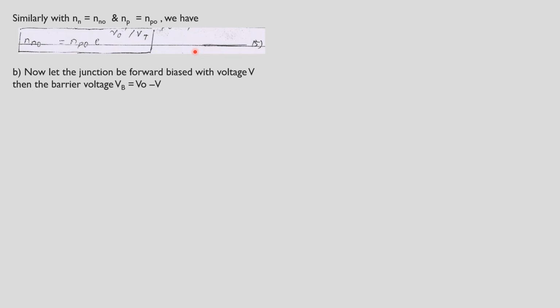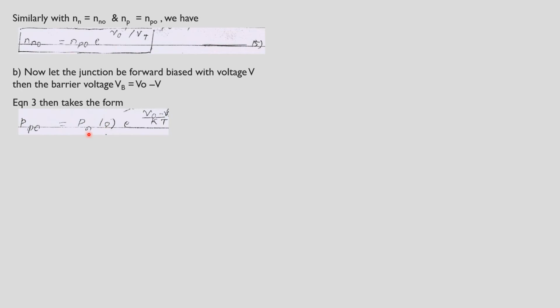Equation 5. Now, the second case: the junction is forward biased with voltage V. Then the barrier voltage Vb will be V0 minus V. It will be lowered. Equation 3 then takes the form, in place of Vb, we just write V0 minus V upon VT.